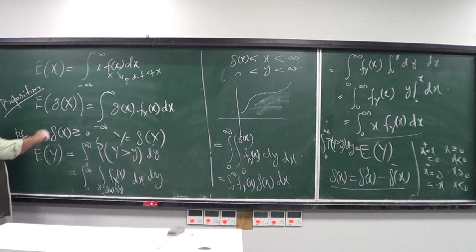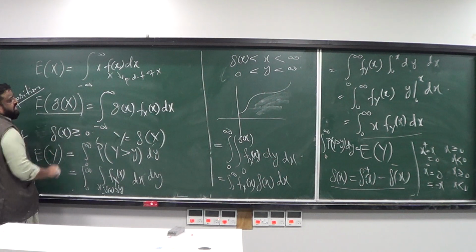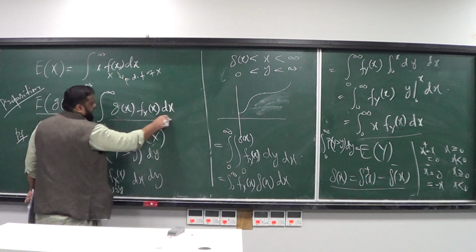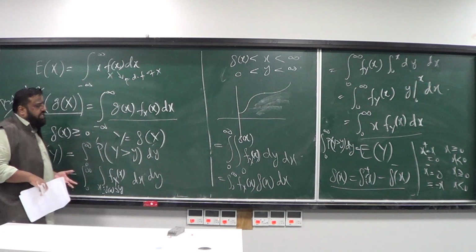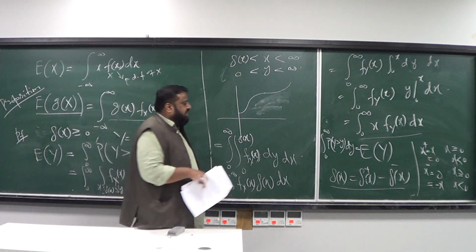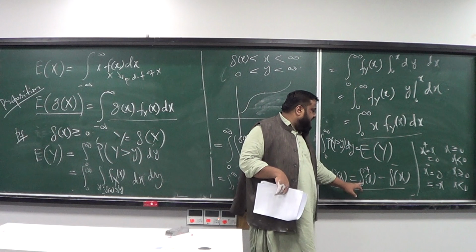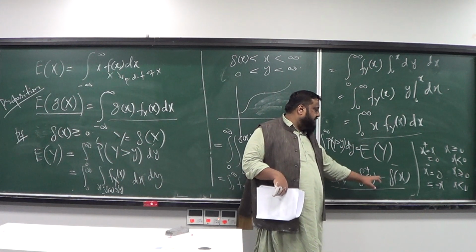So from where we started, from here we started, and we ended up at this formula. We proved it at least for the case when g is a non-negative function. For a more generic function, as I said, any real valued function can be written as the difference of a positive part and a negative part.